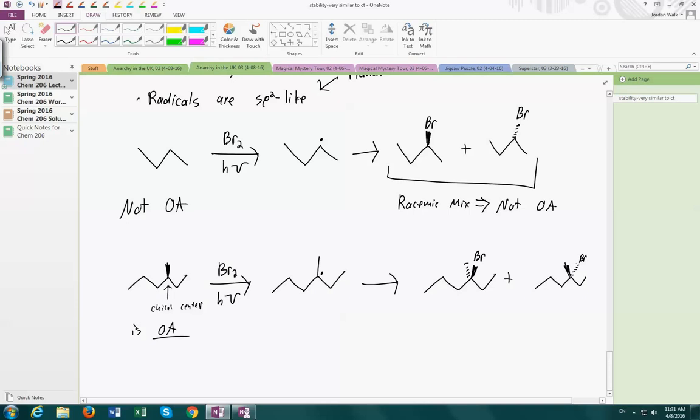And so the unfortunate aspect of that is now, in our flask at the end of our reaction, we started with optically active starting material. Is our flask still optically active? It's not, right? Because again, what we've ended up with is a racemic mixture, which is not optically active.